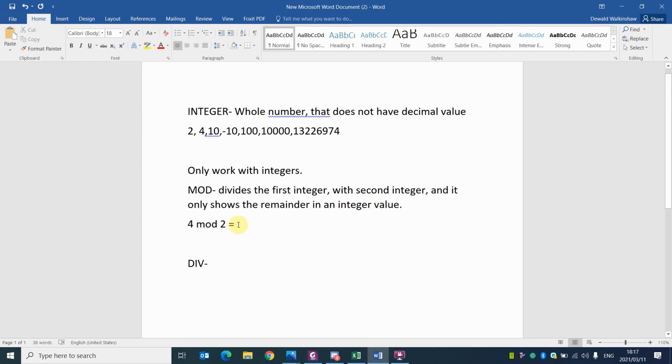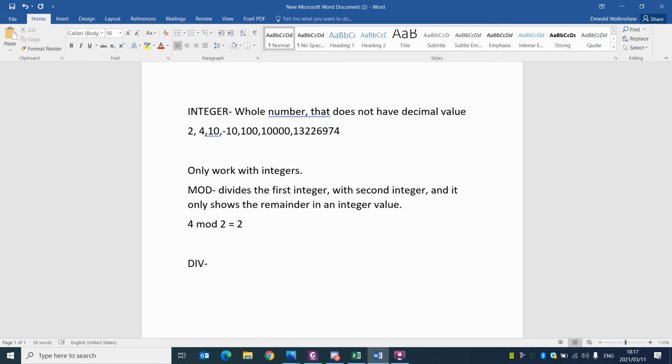So what is the remainder if you say 4 divided by 2? It's 2, sir. Is everyone saying 2? Yes, sir.